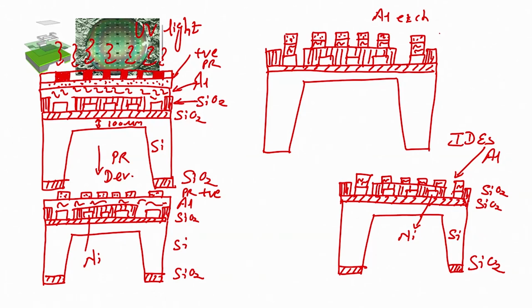So, we have photoresist, we have aluminum, we have SiO2, we again have SiO2, we have silicon, and we have SiO2 at bottom, right, and then we have here our nickel micro heater, correct. Because the photoresist will protect the aluminum, the aluminum which was not protected, which you can see here between the photoresist, will get etched.